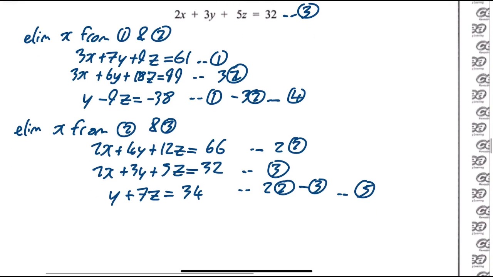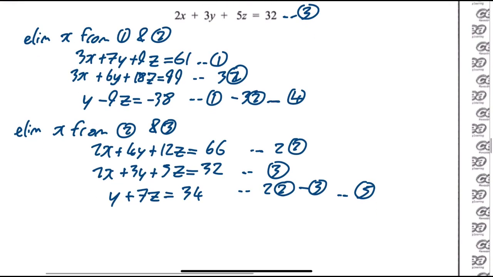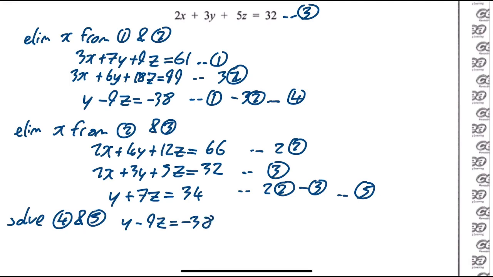So I'm going to solve my equation 4 and 5 then. Just write down what I'm doing here. I'm solving 4 and 5. So what was my equation 5? It was y plus 7z is equal to 34. And then write down my other one below it. It was y minus 9z is equal to minus 38. That was my equation 4. And again, I'm going to do my equation 5 minus my equation 4.